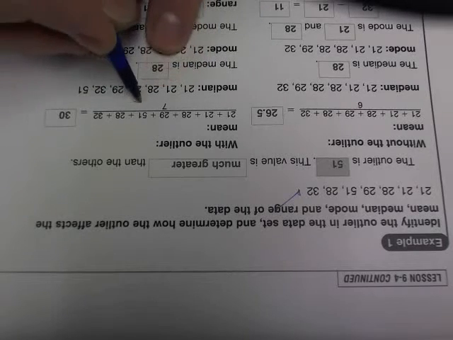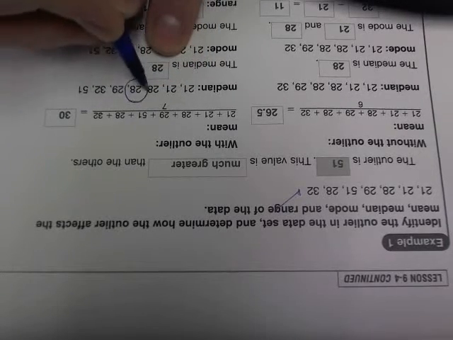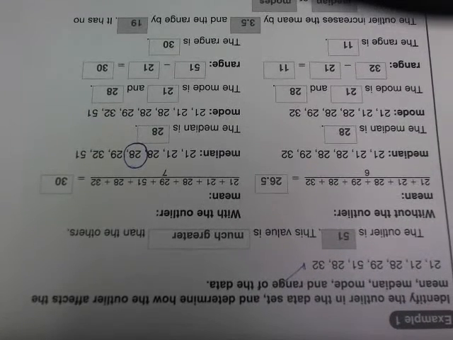The median is the middle number when they're in order from least to greatest. As you can see looking at this list, as I count in from the outsides, I have a perfect middle number, which makes this really easy: 28. 28 is the middle number when they're in order from least to greatest, so the median is 28. As far as the mode goes, the mode is the number that shows up on the list most often, and we have 2 numbers that show up on the list twice, which is the greatest number of times any number appears.